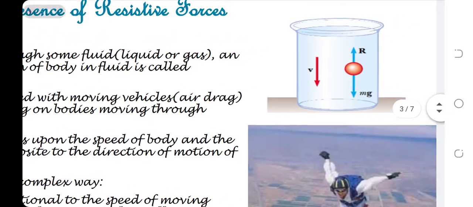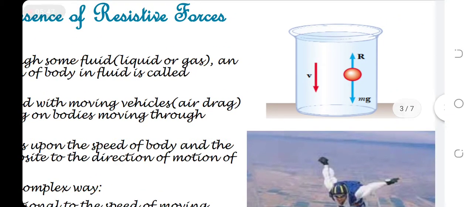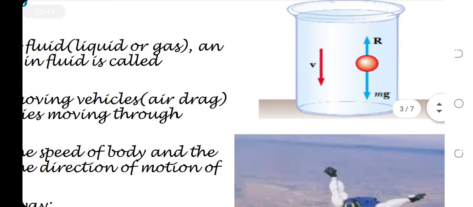We can see a sphere or ball in red color put in a fluid like water. When put into the fluid, it starts moving down due to its weight mg, and due to velocity v, the resistive force acts in the upward direction.